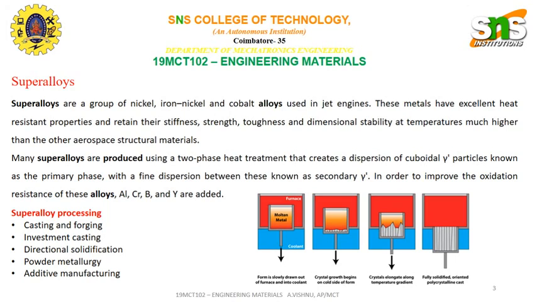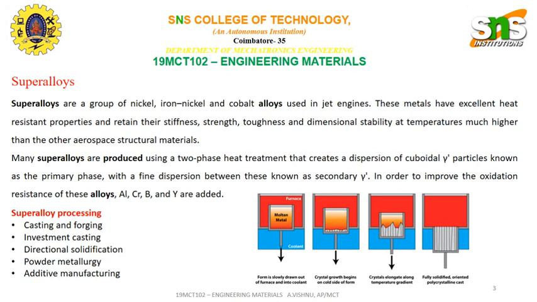Due to this, crystal growth is created on the cold side of the molten metal. Step by step, the crystal elongates along the temperature gradient. A fully solidified, oriented polycrystalline cast is produced at the end.